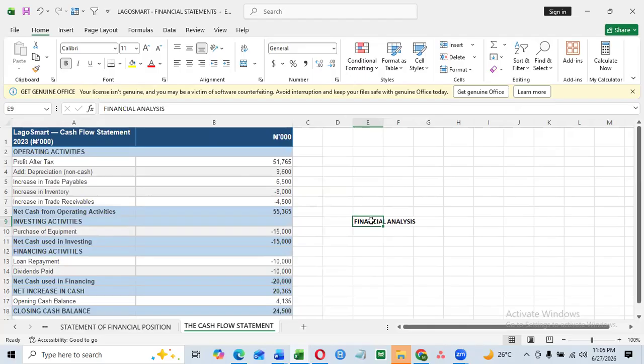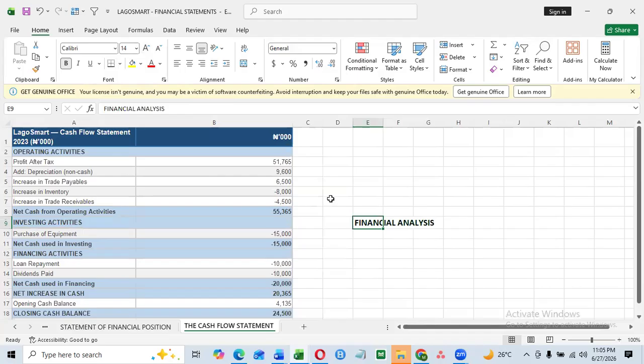So I want you to be ready. While you prepare for that, I want to give you an assignment. Calculate these 3 ratios from these LagoSmart financials. Check the course folder, you'll find these financials there. Bring your answers.